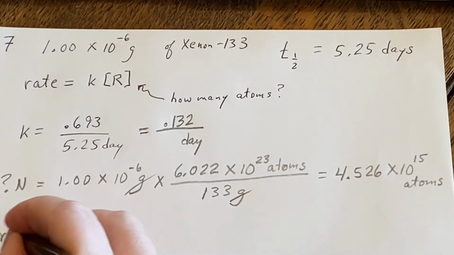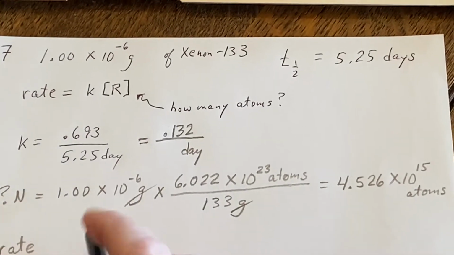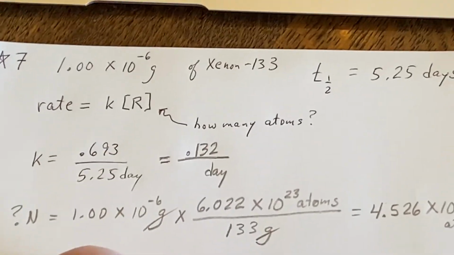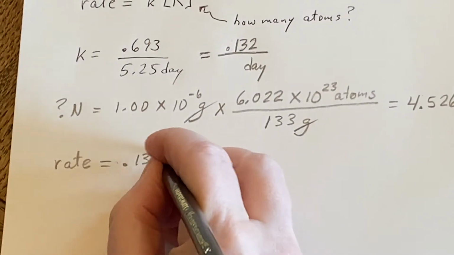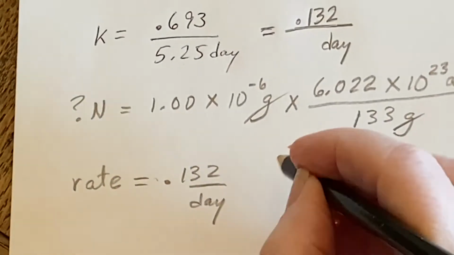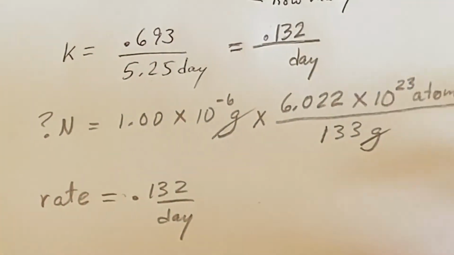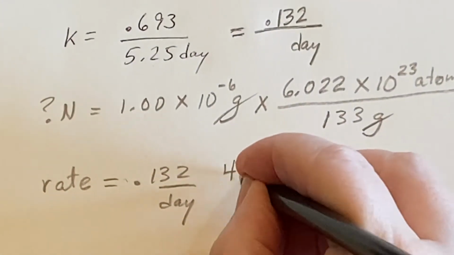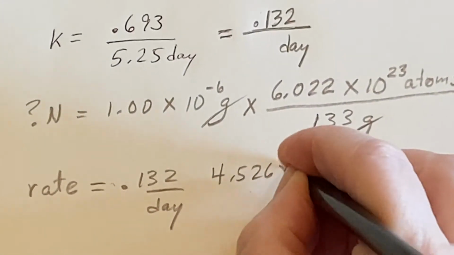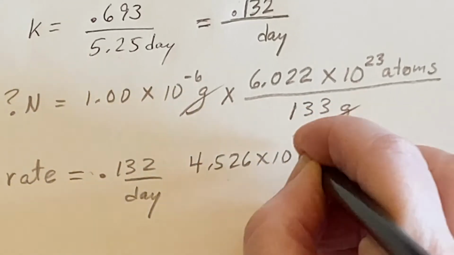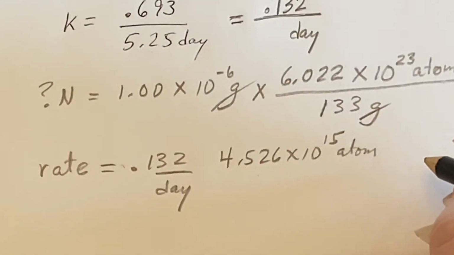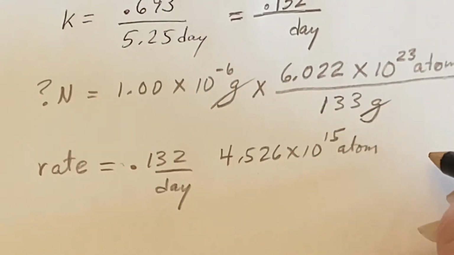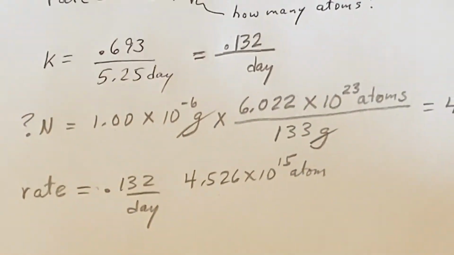So my rate then is going to be this k, 0.132 per day, times my number of items, 4.526 times 10 to the 15th atoms. And my rate needs to be in becquerels or in per second.